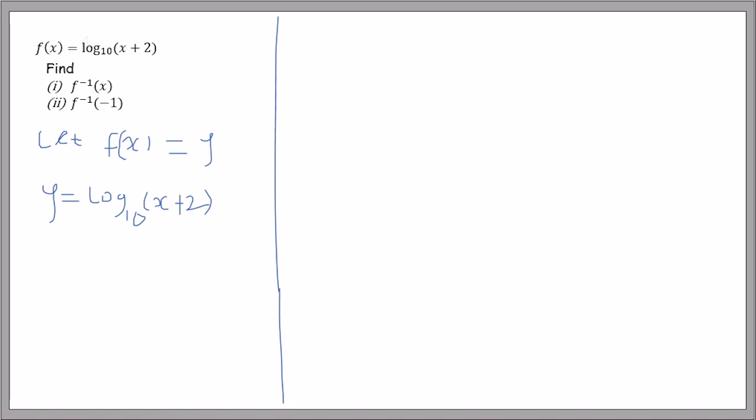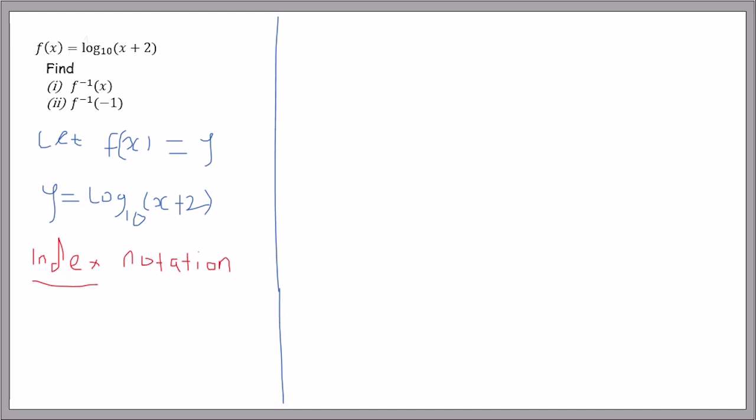So what we have to do is to change this logarithm to index notation. You all know about this index notation. What we mean is that you write it in power form. That's what the word index means.